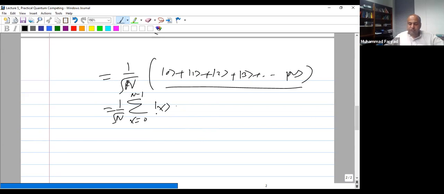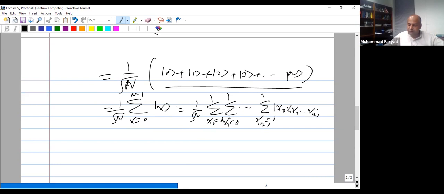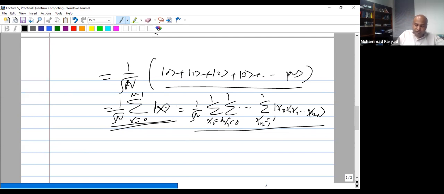This is just a convenient notation, so that instead of writing it like this, where x naught goes from 0 to 1, x1 goes from 0 to 1, and so on up to x n minus 1, we use the decimal index. This is the representation where we have all the binary combinations in the S state, but it's convenient to write it like this, where we have introduced this decimal index x that goes from 0 to N minus 1, and this index x in the state represents these states with the decimal notation.